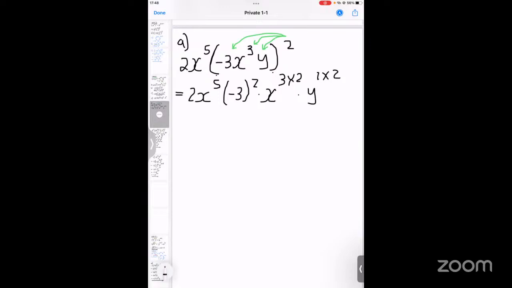Can you see what I've done there, Langelihle? Yes, I can see. Then now you can maybe group them, or if you don't group, you can just multiply. Let's multiply for now, meaning 2x to the 5.